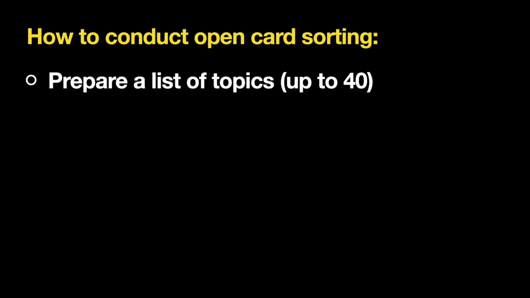Quite often, we cannot include all the topics we have because it will overwhelm test participants. This is why you should try to use up to 40 different topics that represent the main content on your website or app. Topics should roughly be at the same level of hierarchy. For example, if you want to categorize products for a grocery store, the topics can be apples and carrots, not fruits and carrots.